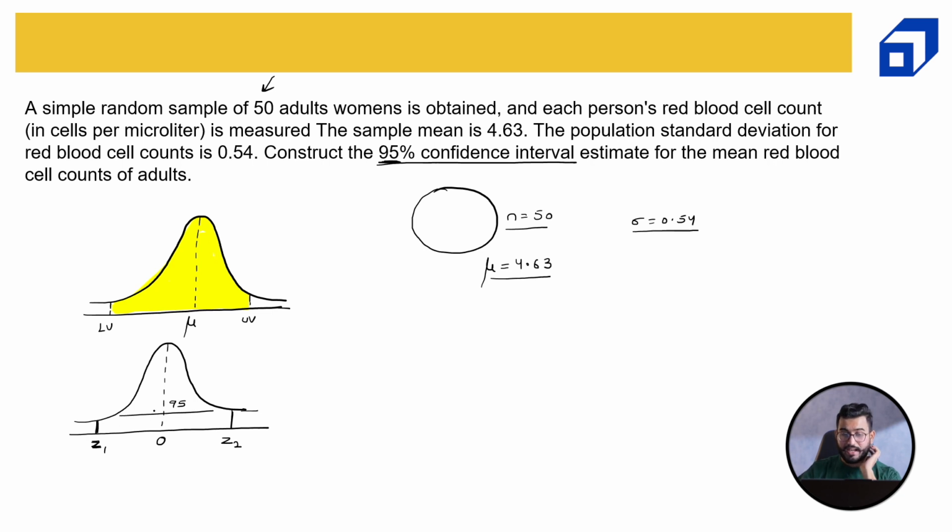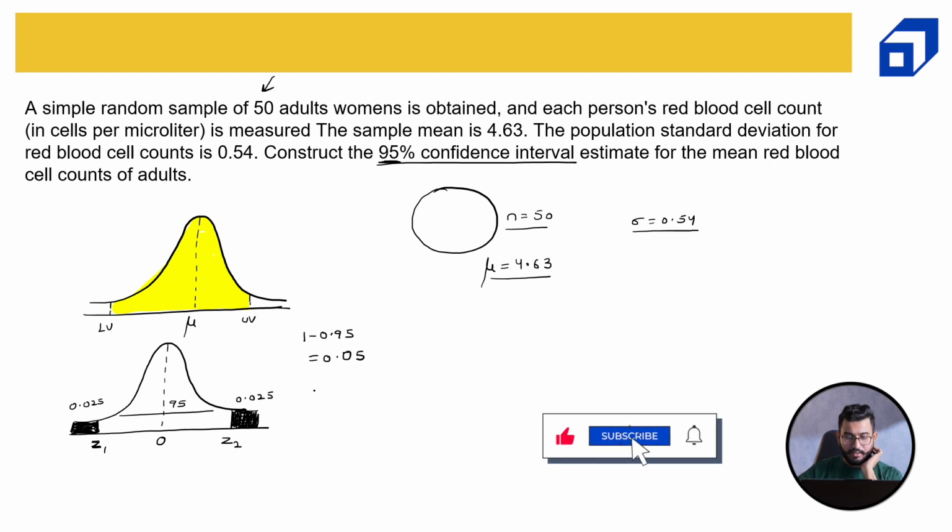So if the area between Z1 and Z2 is 0.95, what will the black colored areas be? The total of these two areas will be 5%. The total is 1, and between Z1 and Z2 the area is 0.95, so I subtract and I'm left with 0.05.